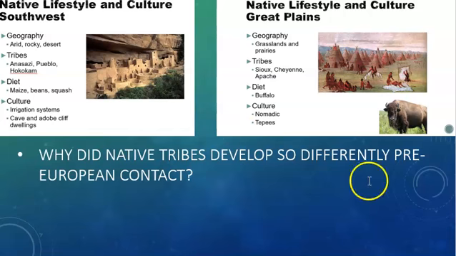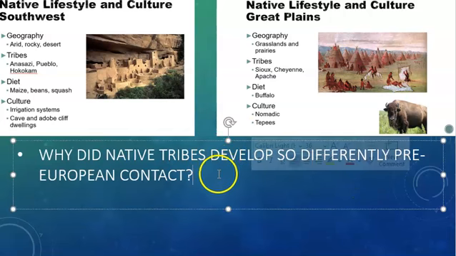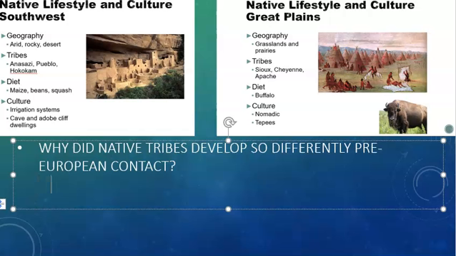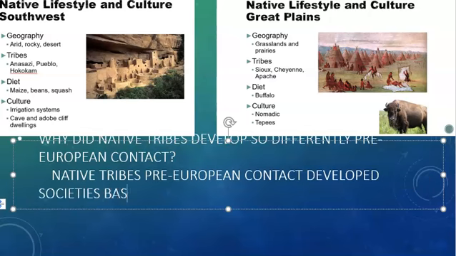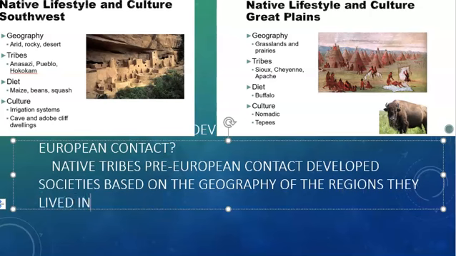So here I'm going to fill this in for you so that you can see it in action. Native tribes pre-European contact developed societies based on the regions they live in.